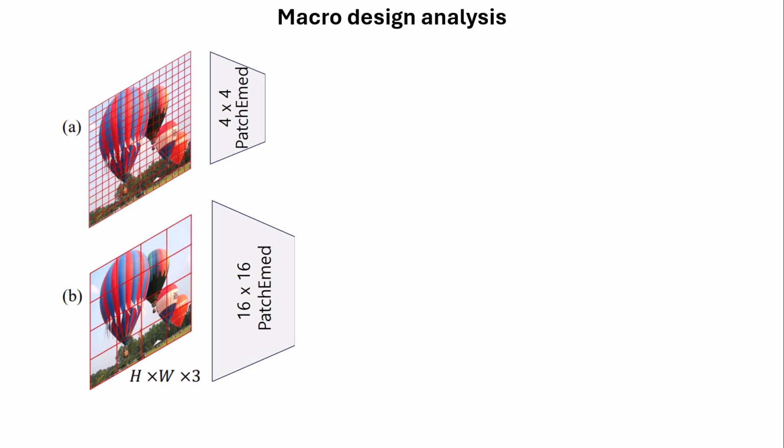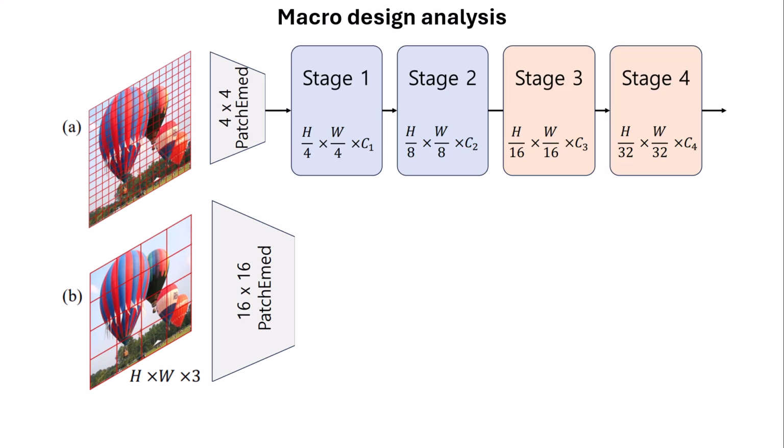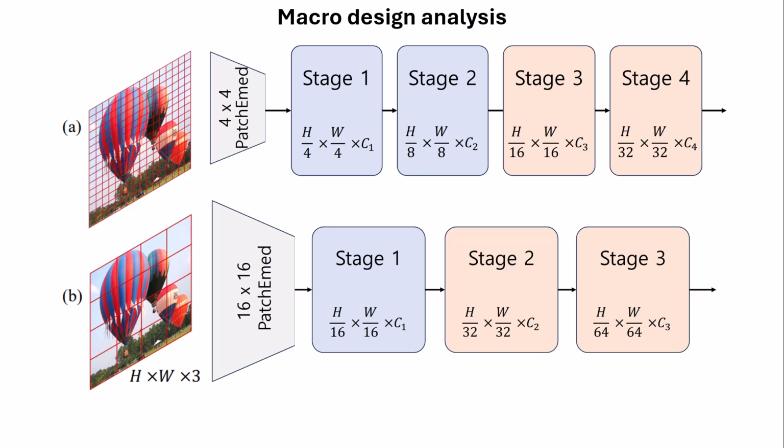For the first design, they use 4 stages, with the first stage using 4x4 patches, the second stage merges the tokens and it becomes 8x8, and then 16x16, and finally 32x32. In the second design, they use 3 stages, starting at 16x16, then 32x32, and finally 64x64.